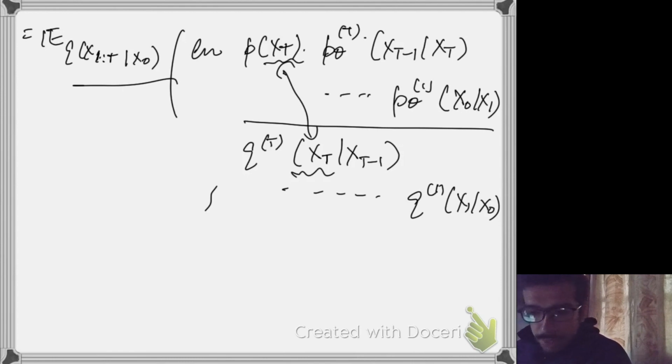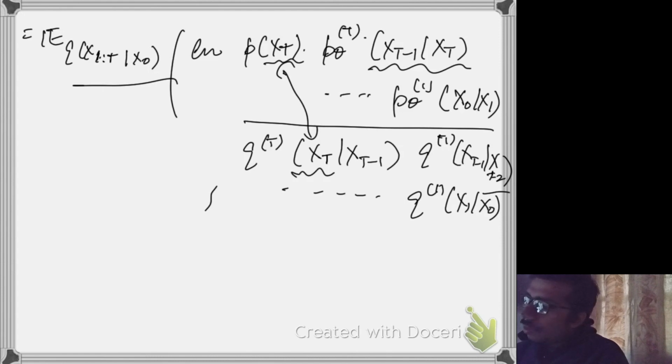Next we can combine, for example, this x_{T-1} given x_T with q_{T-1} of x_{T-1} given x_{T-2}. So basically in the denominator we are always conditioning on a variable of one lesser index, and in the numerator we are conditioning on a variable of one greater index, except for this x_T term wherein there is no conditioning in the numerator.